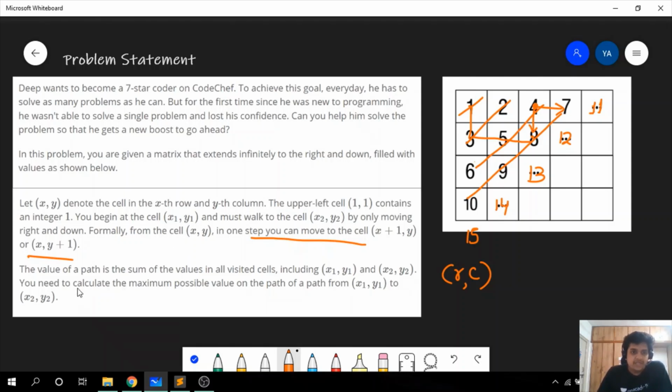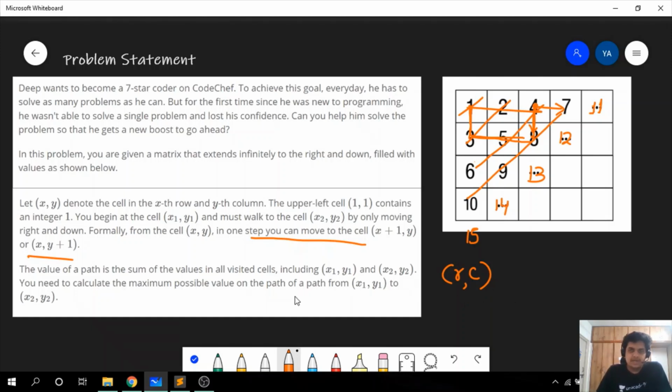Now we need to calculate the maximum possible value on the path from x1 y1 to x2 y2. So easy. Let's say we have a path from 1 to 8. This is one possible path. This is again another possible path, and there are many such possible paths. Now we need to take the maximum of these values as our answer.